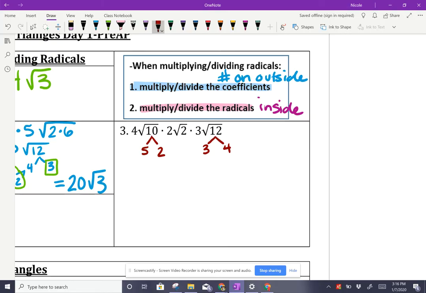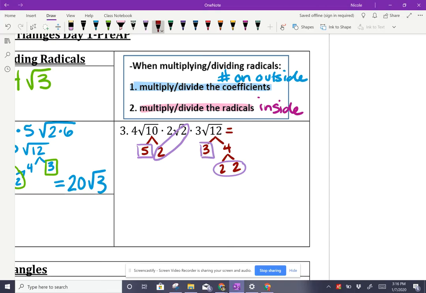Now, since these are all being multiplied together, anything under a square root can be paired together. So we have this 2 and this 2 can go outside. I also have 4, which breaks into 2 and 2, so these can go outside. 5 doesn't have anything to pair with, and 3 doesn't have anything to pair with.